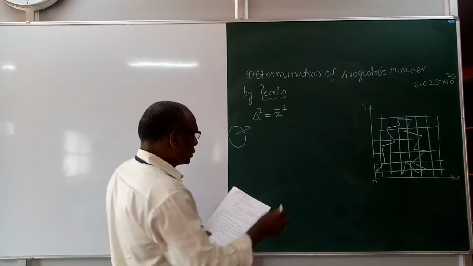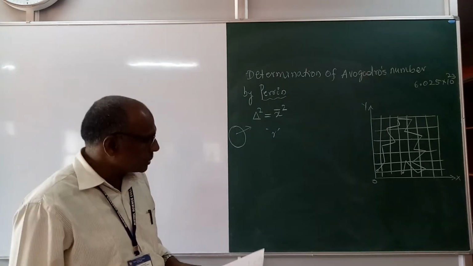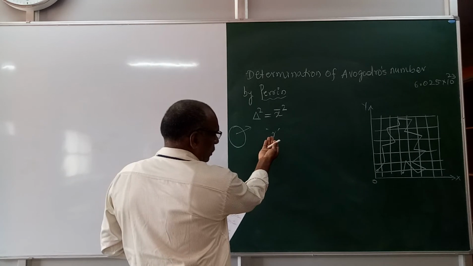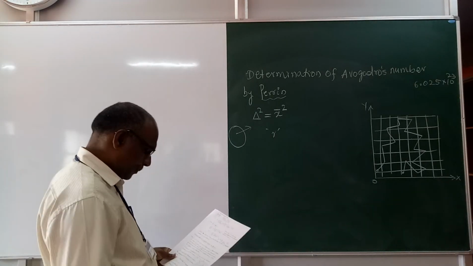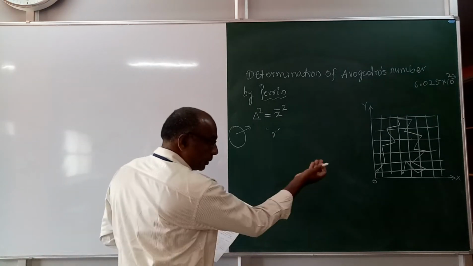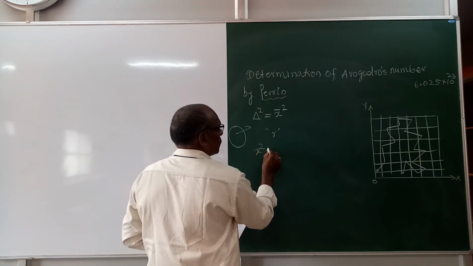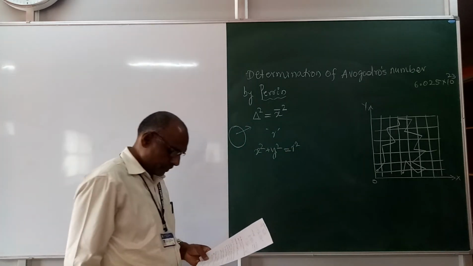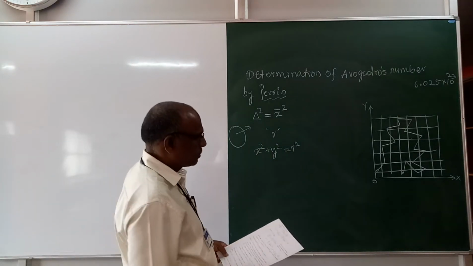Let r be the actual displacement in time t. This displacement varies irregularly, but since it is plotted along the x and y axes, x square plus y square is equal to r square, where x and y are the components of the displacement.